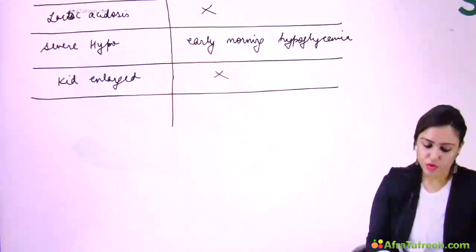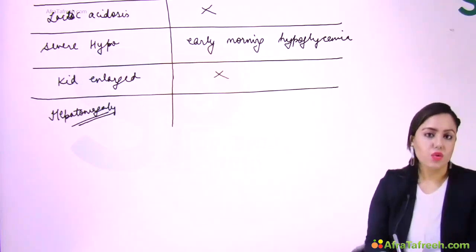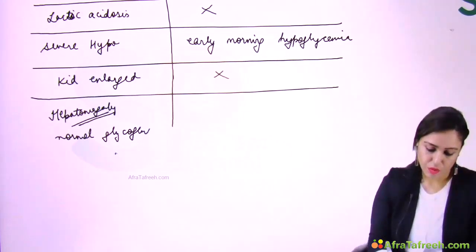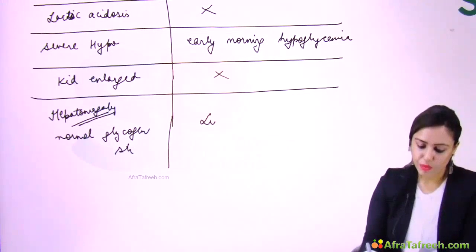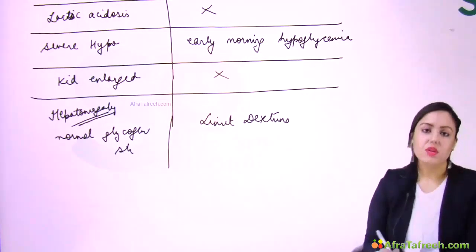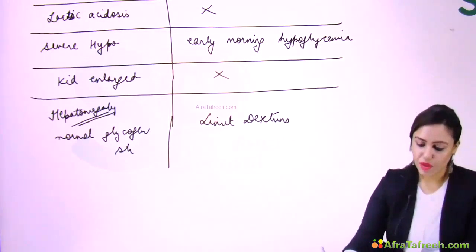Then the glycogen hepatomegaly occurs in both patients. The glycogen which is accumulated in type 1 patient is normal glycogen structure. The normal glycogen is getting accumulated, but in type 3 patients, limit dextrins are accumulated, which have alpha 1,6 bonds mainly, right?